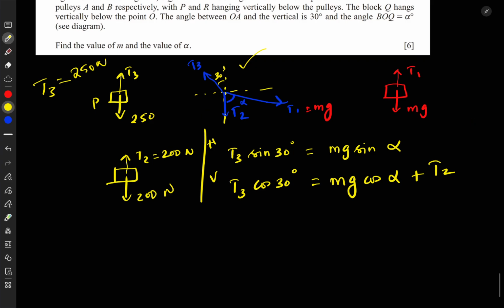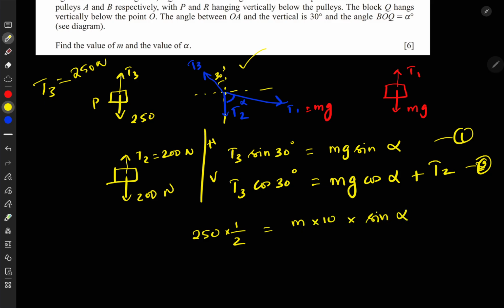Now we know T3 is 250 newtons. Let's take this as equation 1, and this as equation 2. For T3 I can put 250, and sine 30 is 1 by 2. So 250 into 1 by 2 equals m into g, which is 10, into sine alpha.